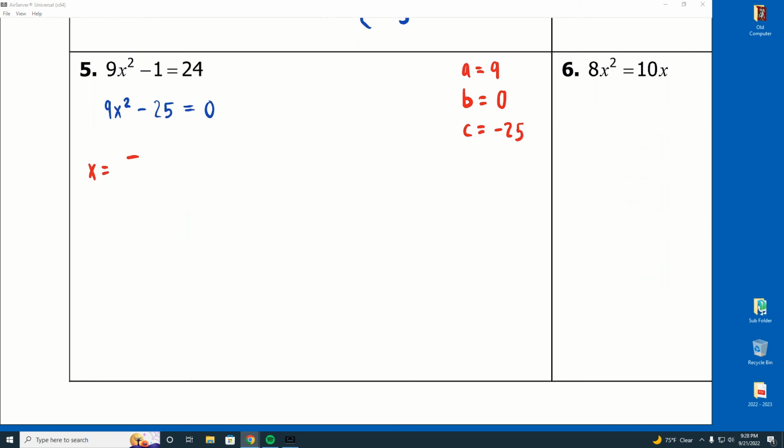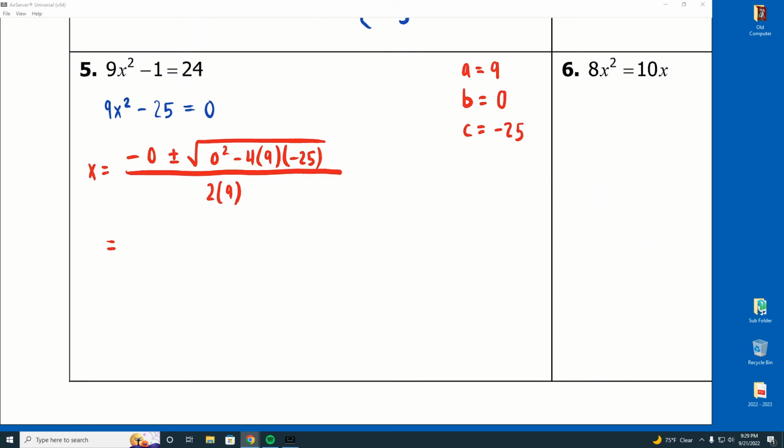Ready? Negative B plus or minus the square root of B squared minus 4 times A times C, and all of this is divided by 2 times A, 9. Okay? Hopefully you guys see that. It's pretty easy, really. Now, again, I know that I said I want you to focus really on the radical first, but what is negative 0, right?